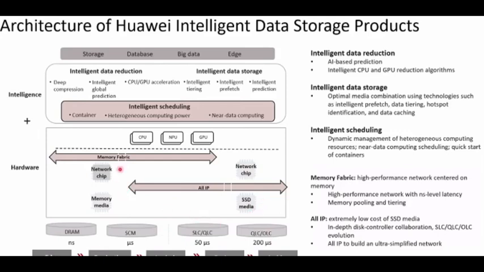They cater for different types of memory chips, CPU, and intelligent scheduling, which we will cover in later chapters, each in its own chapter. That's why I'm not going to explain much now, otherwise we'll talk about it now and then again later, which makes it boring. In terms of intelligent data reduction, intelligent data storage, and intelligent scheduling, all of these will be covered.